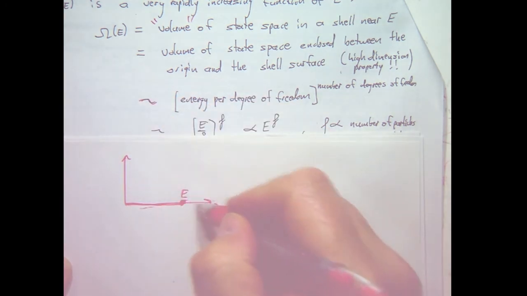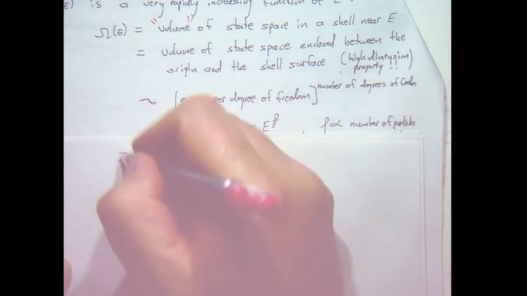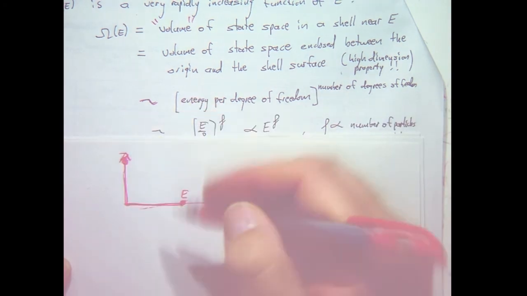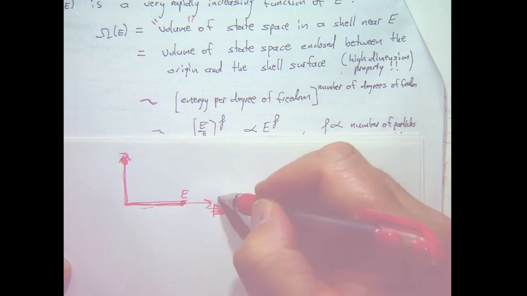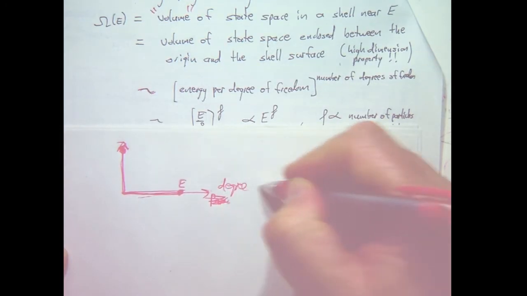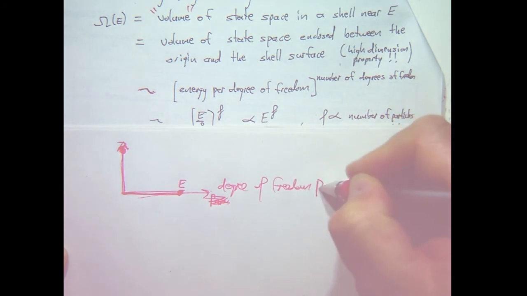On the other hand, this dimension could be 0, and this dimension could have all the energy. So this is a degree of freedom. So this is, say, the momentum of the nth particle in the x direction.